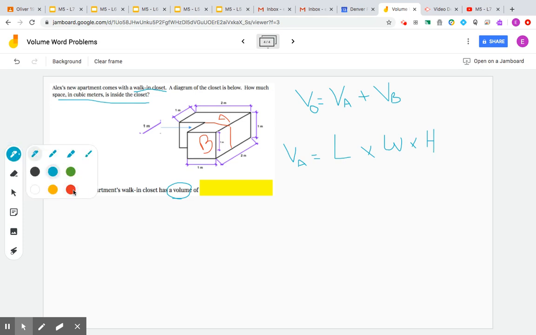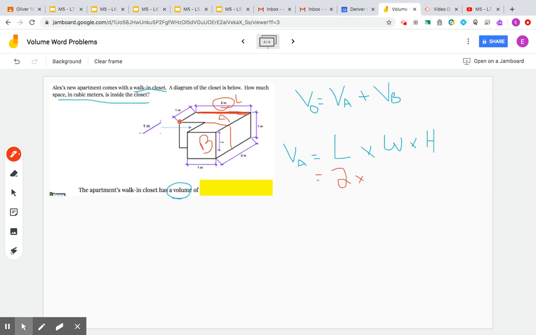What do we notice about the length, the width, and the height of rectangle A? I can see that the back of A, this is the length, and it's 2. So I'm going to put 2 in for my length.